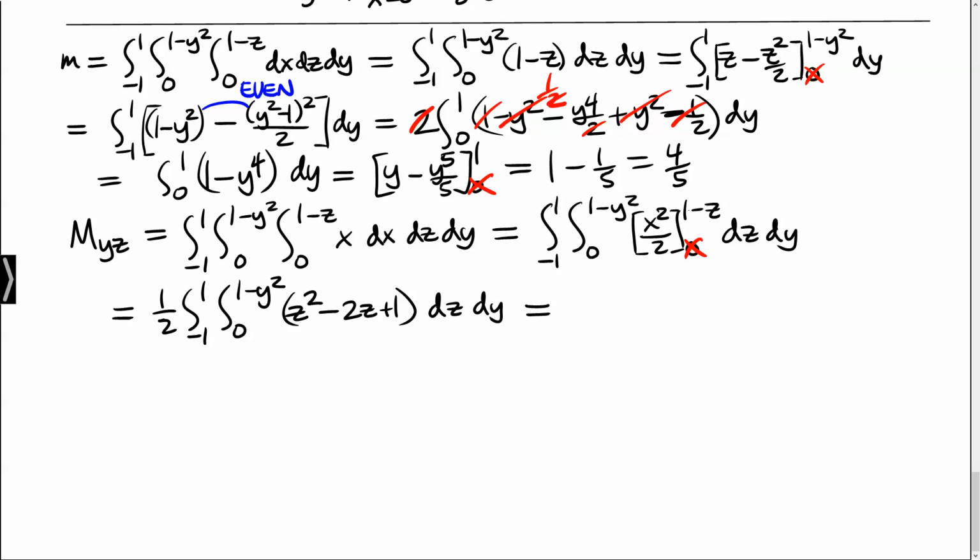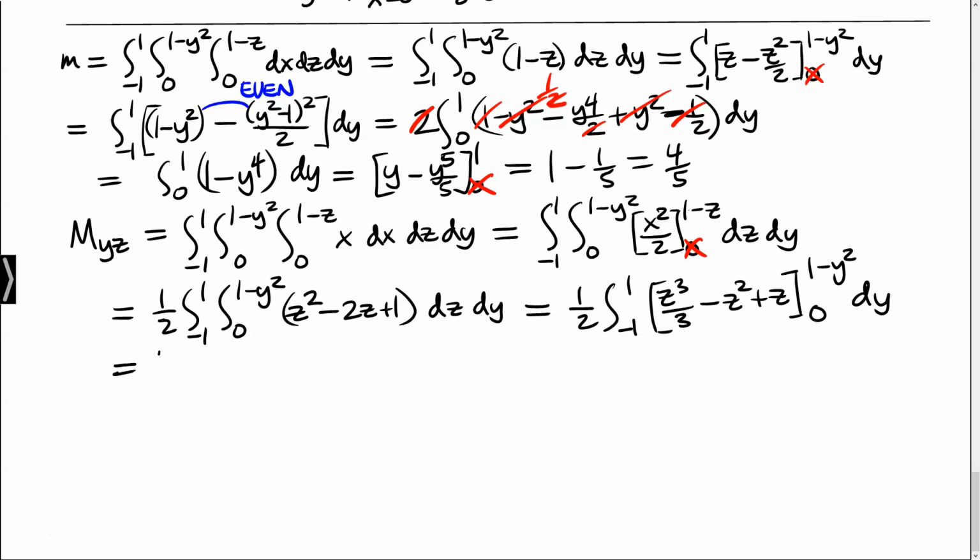Now I have to integrate with respect to z, so there's quite a bit more integration here. Minus 1 to 1, z cubed over 3 minus z squared plus z, all from 0 up to 1 minus y squared.